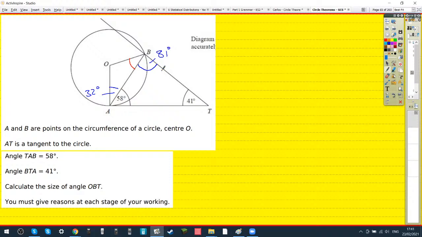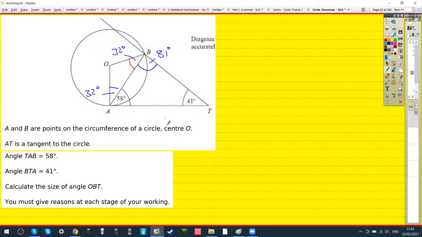So OA and OB are radii. Yeah. So does that mean it is 99? It means they're the same. So it's 32 degrees. So that one's 32.